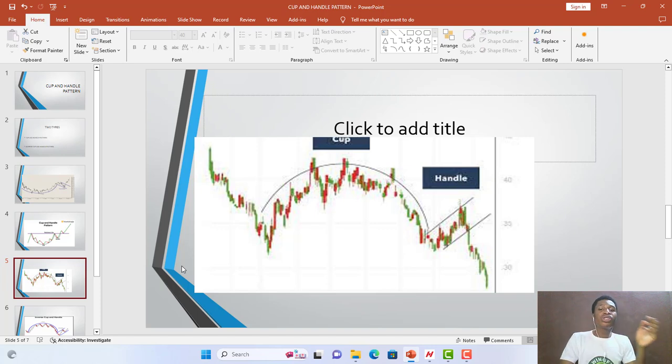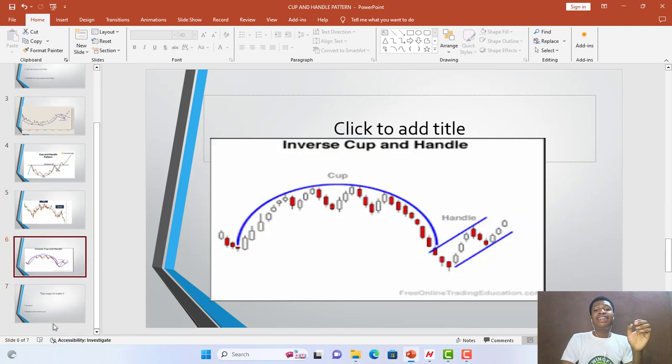All you have to do is wait for the formation. Allow the formation to be done, then making this type of movement, then you can enter for a sell after having a confirmation. I will show you how to take entry for either your buy or your sell in the forex market.